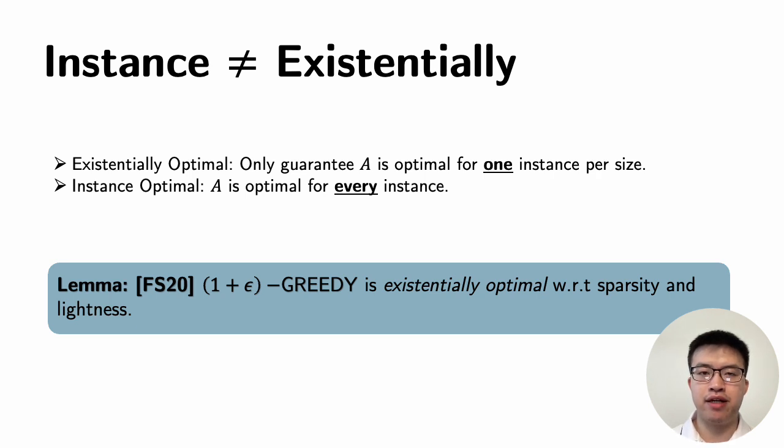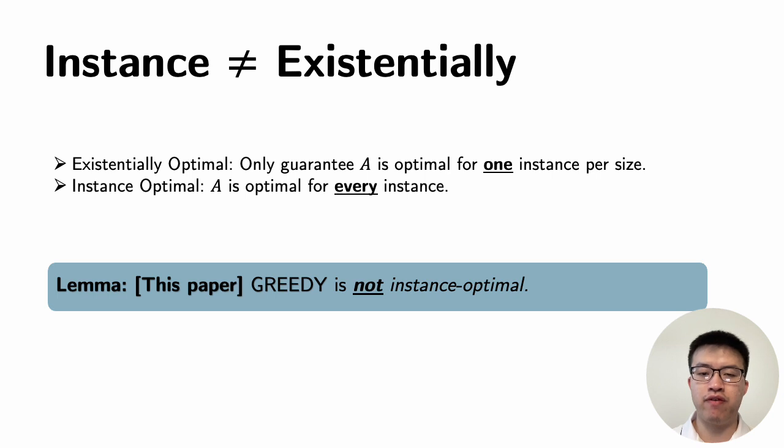This makes the greedy spanner a very strong candidate for the instance optimal problem. However, in our paper, we prove that greedy is not instance optimal. And more surprisingly, this is still true if we consider the 1 plus x epsilon greedy spanner, where x is a parameter.